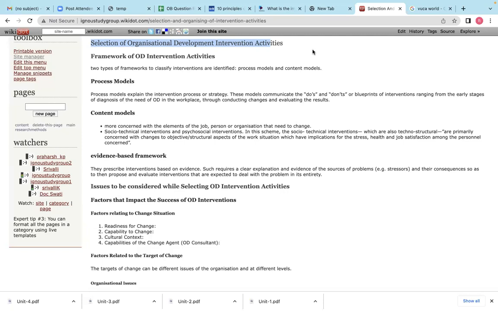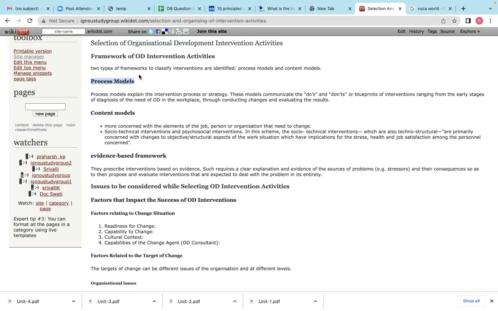As far as the frameworks are concerned, there are two types of frameworks that OD intervention activities have. One is the process model and the other is the content model. This is very similar to, if you remember, our motivation theories, where we have process theories and content theories.